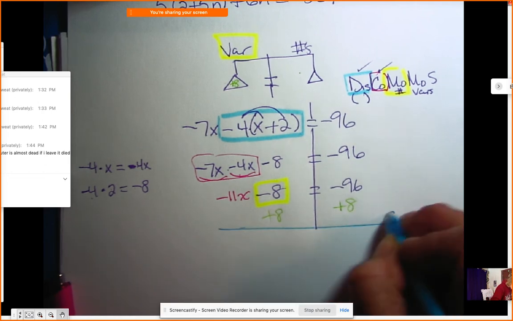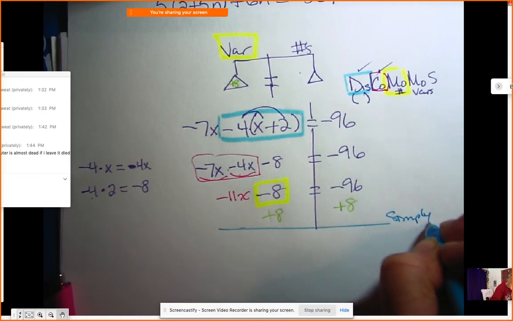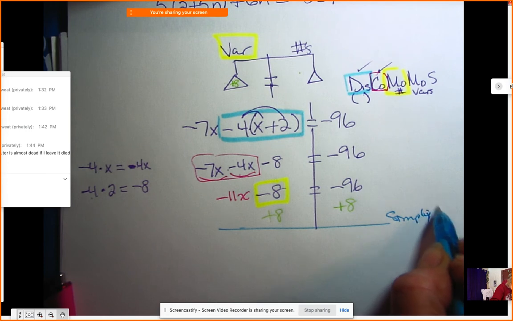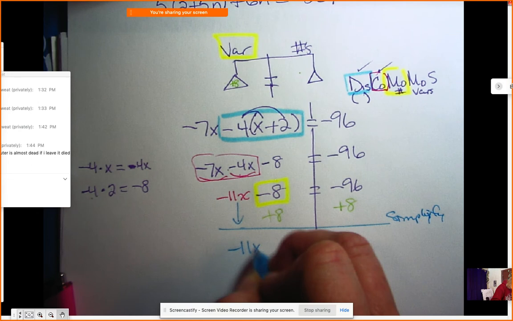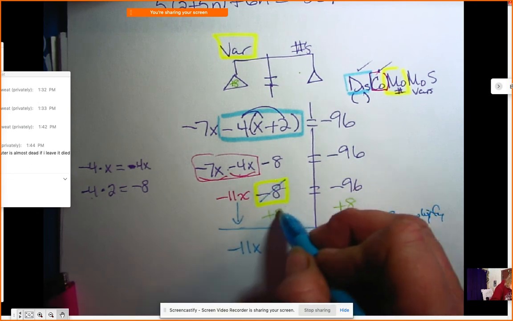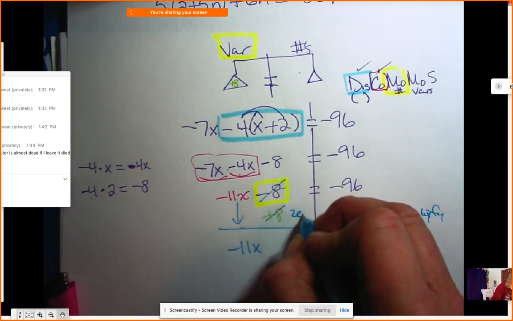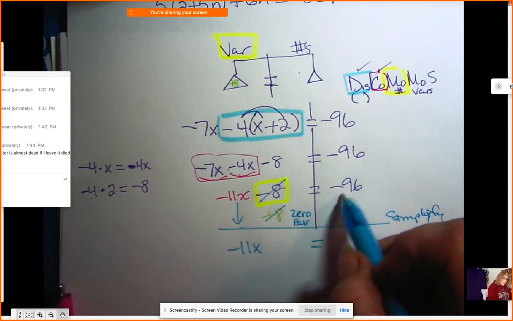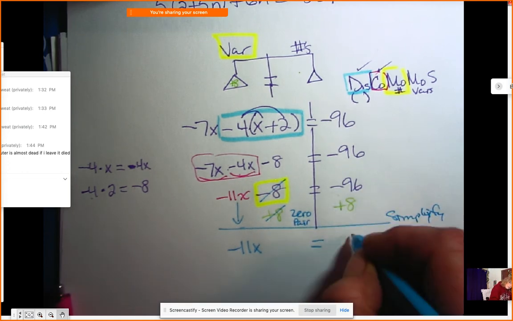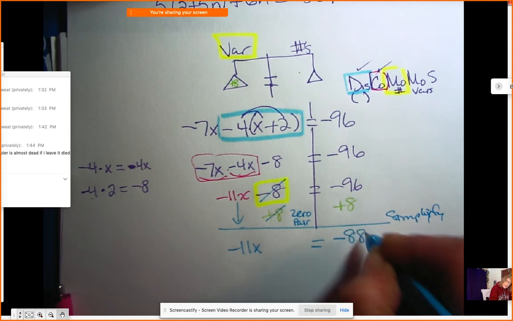So I'm just going to write simplify. That means just, do your math. I spelled it wrong. -11x, just drop -11x. Don't lose your negatives. A -8 and a +8. It's called a zero pair. Equals. Are these the same sign? No, different sign. Subtract. I'm going to get -88.